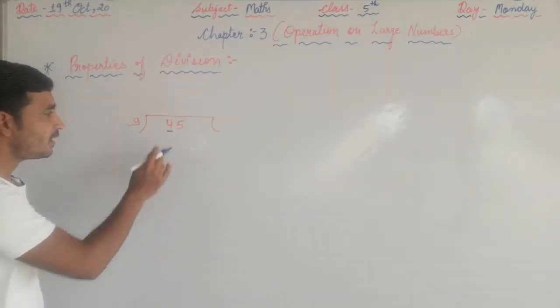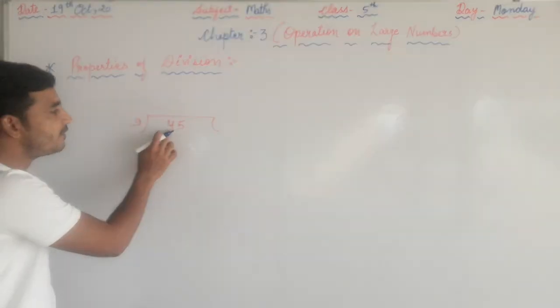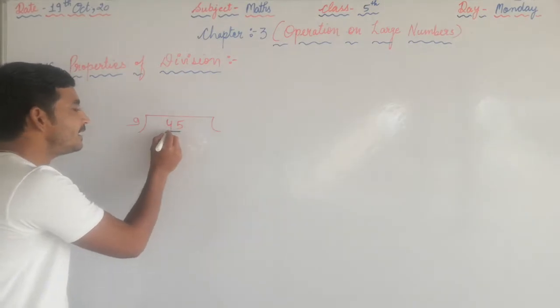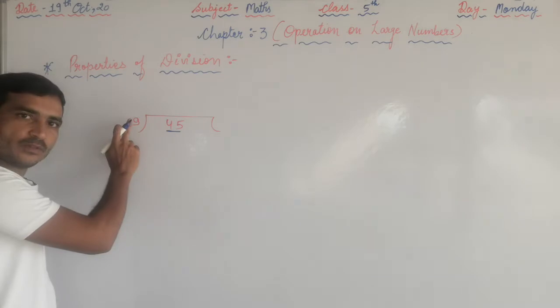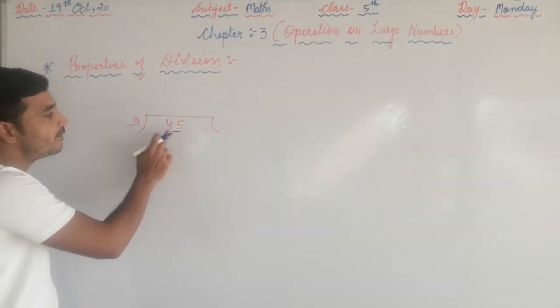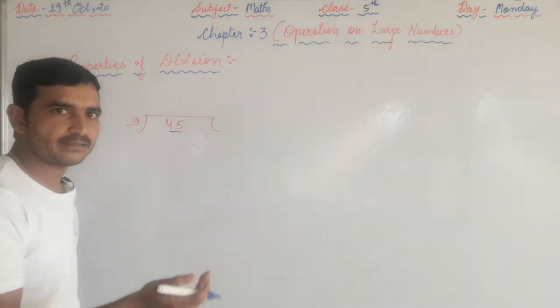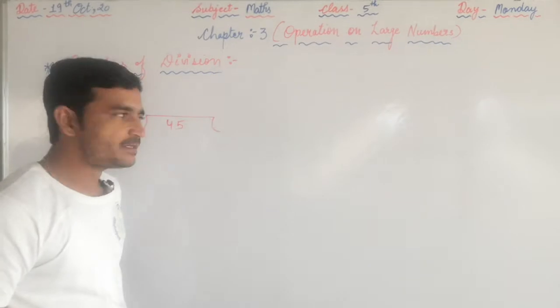Now 4 is less than 9, that's why we take both digits. When the first digit is greater than or equal to the divisor, we take just the first one. Otherwise we take both digits, or the second and third digits. Now, 9 fives are 45.